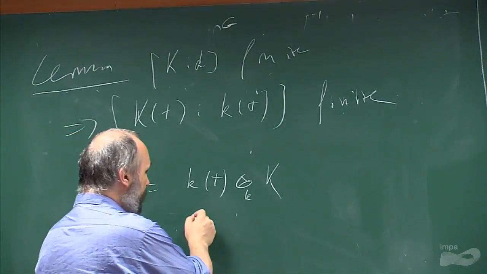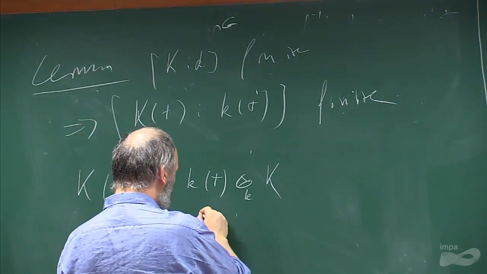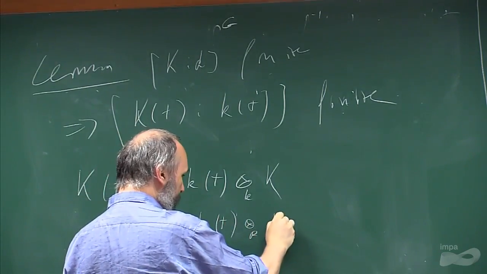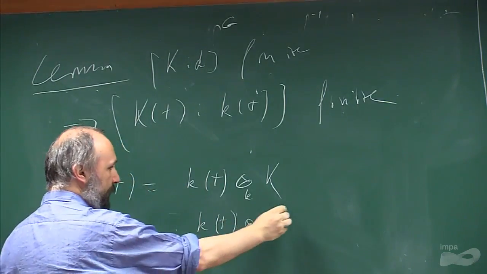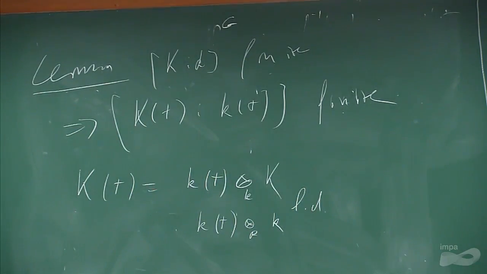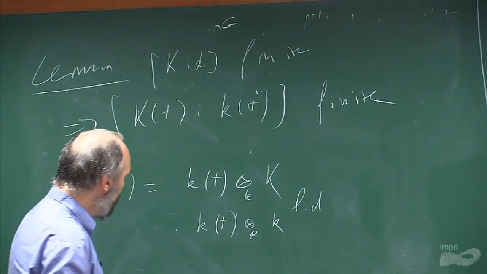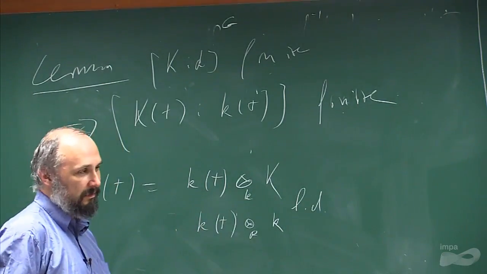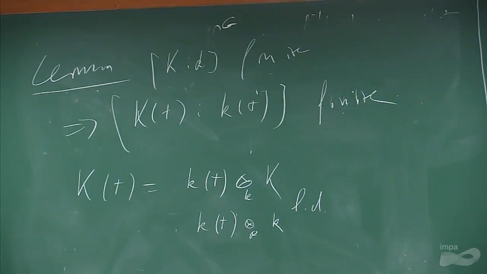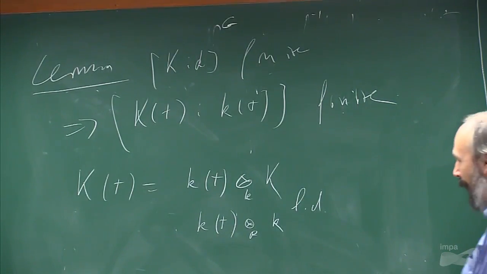And this is finite dimensional over k small. This is finite dimension. And for this isomorphism, you can use the primitive element theorem. I mean, you can prove it different ways.